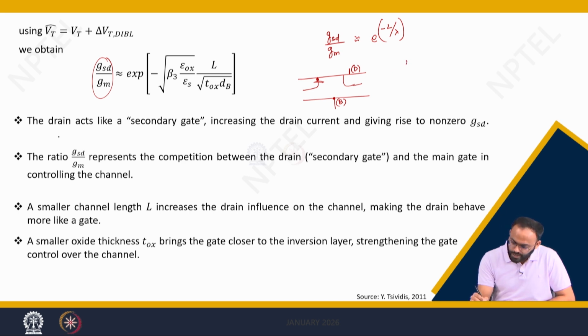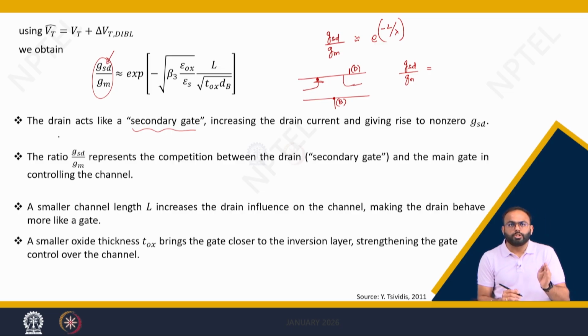That is what we define: GSD per GM is now controlled by the drain side. That is what we can say, the drain acts as a secondary gate when you are talking about short channel devices. So, GSD is not only given by the long channel equations; when you are talking about short channel devices, you need to include these correction factors, which will give you less error in your calculations.